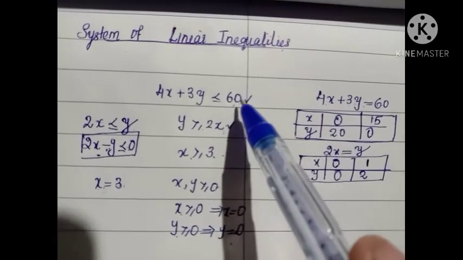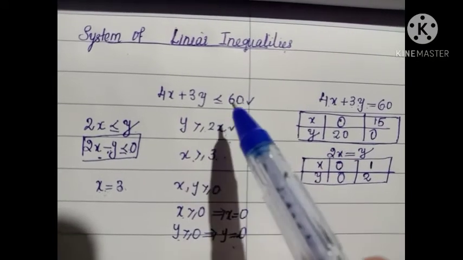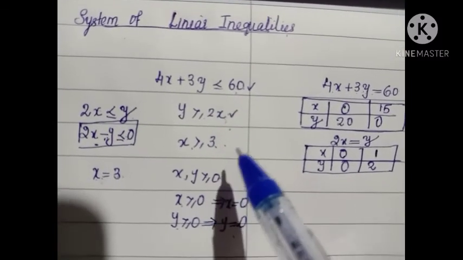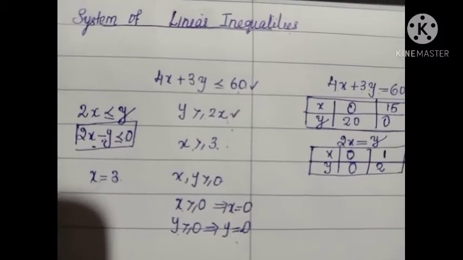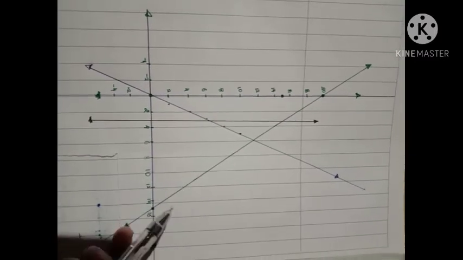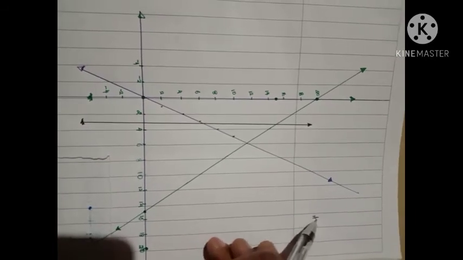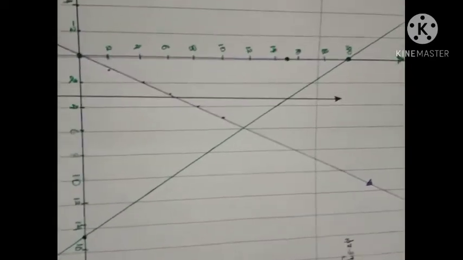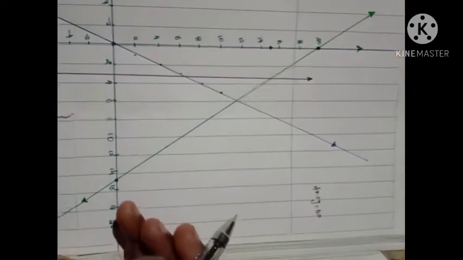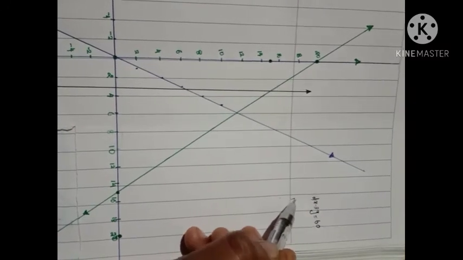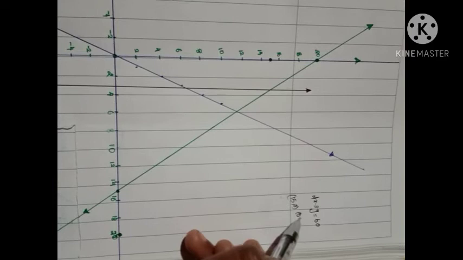So we need to find the solution region of this given system of linear inequalities. Let's see. See the graph, x-axis, y-axis, and the first equation was 4x plus 3y is equal to 60, isn't it? So this green line represents that line because our points were 15, 0 and 0, 20.